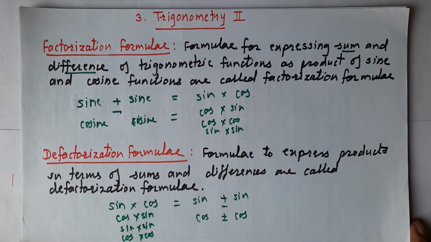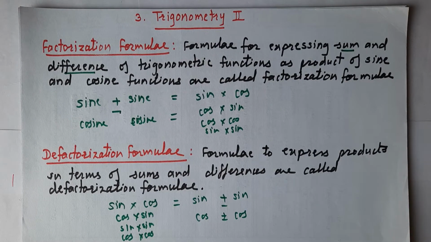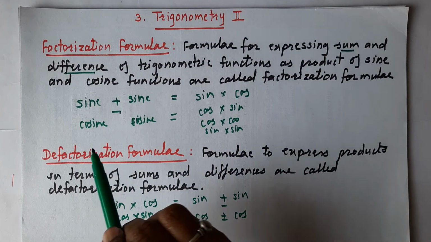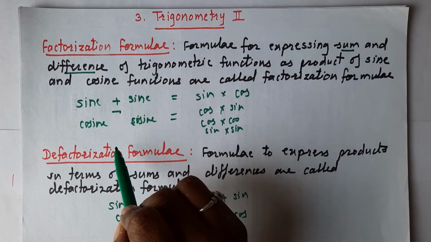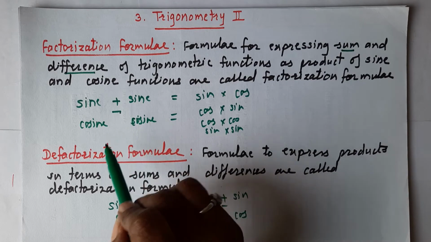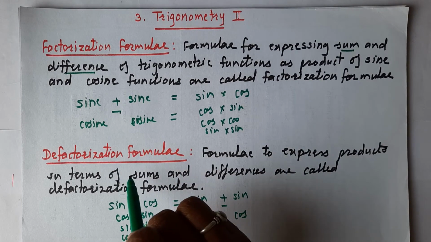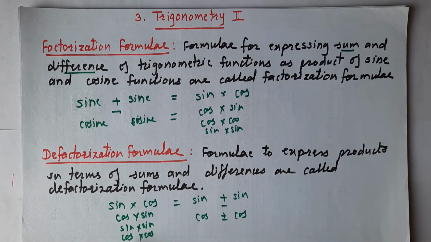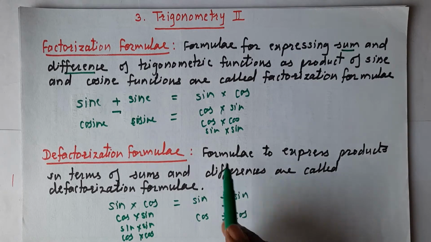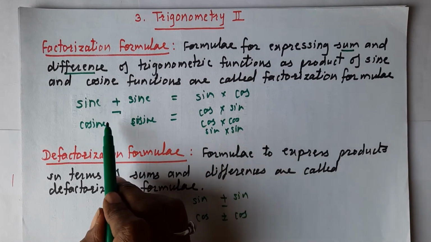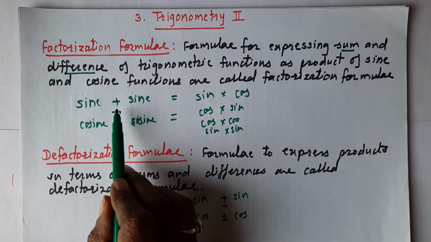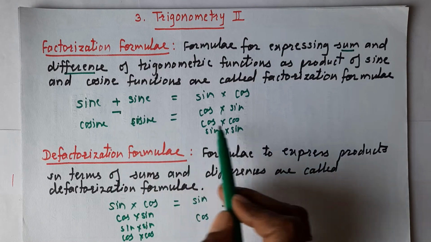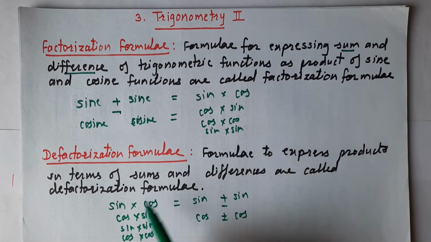In a simple way, what is meant by factorization formulae? In factorization formulae, to the left hand side there is addition or subtraction of sine and cosine functions, and to the right hand side there is product.